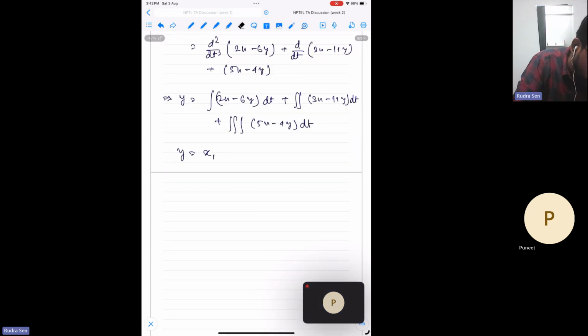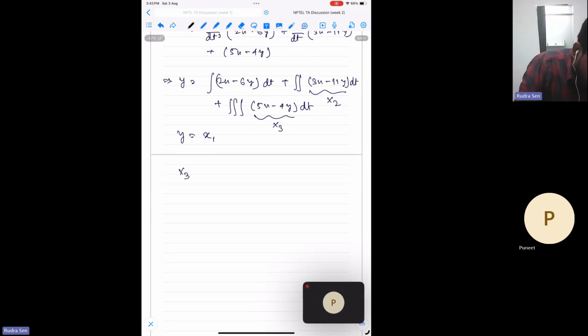So let's say this term is x3 and this term is x2. Then x3 dot is equal to minus 4y plus 5u, so x3 dot is equal to minus 4x1 plus 5u, and x2 dot is equal to x3 plus something.